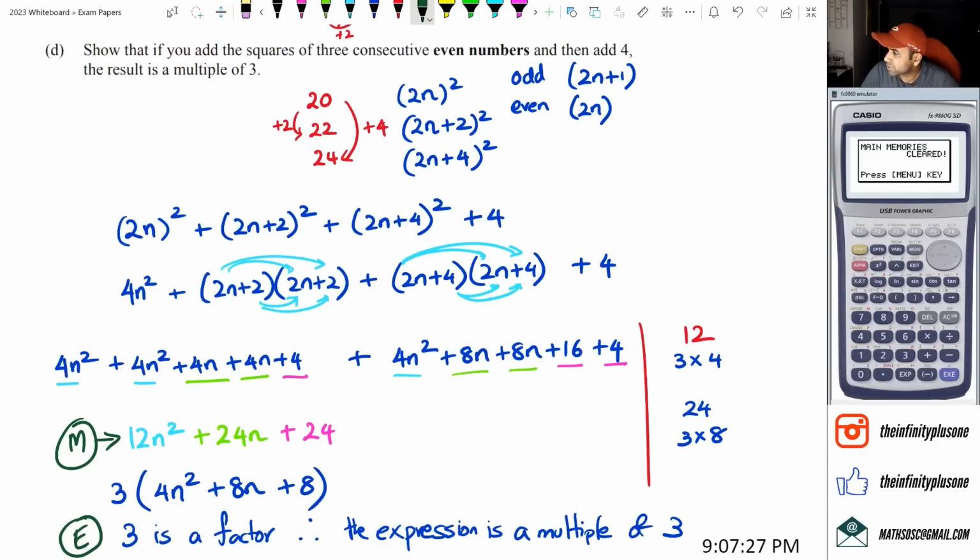Achieved is the correct expression for 3 consecutive numbers, so those 3 things there, like the 2n plus 2 and 2n plus 4. Or you could get Achieved from here where you expand the quadratic as well. Cool guys, that is basically it for question 2D, and then we'll move on to question 3 next.